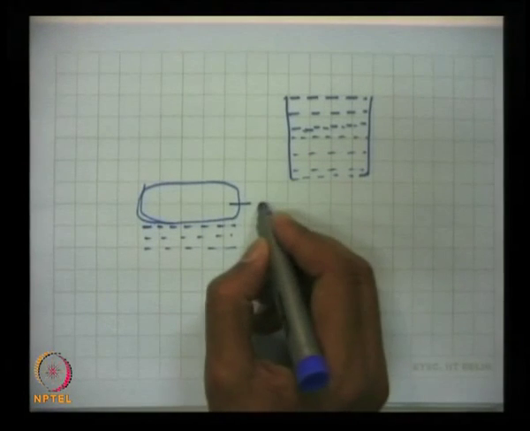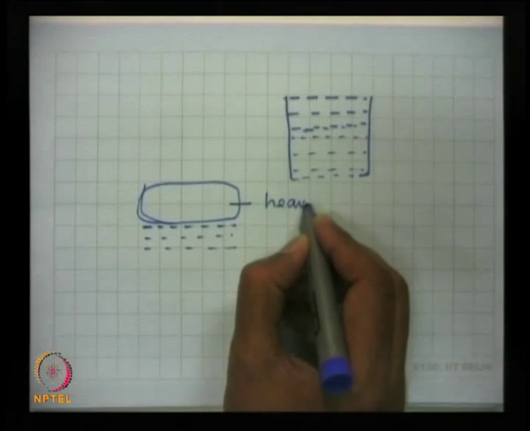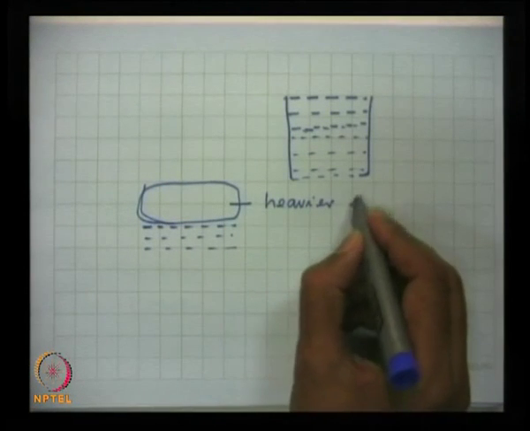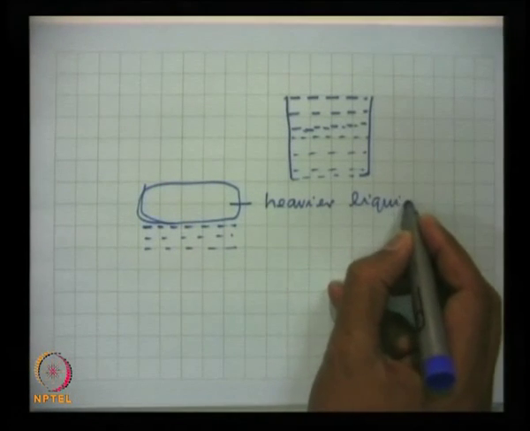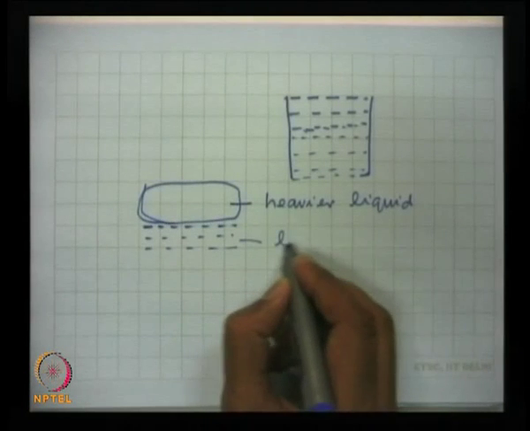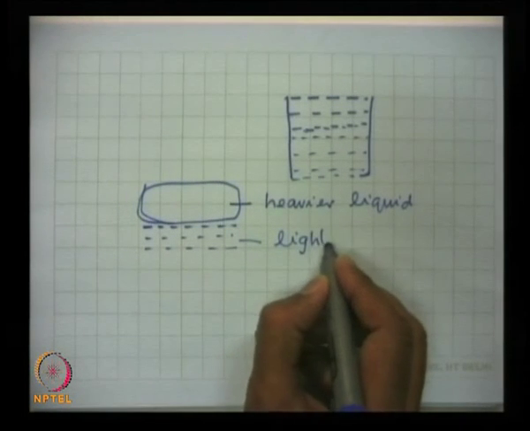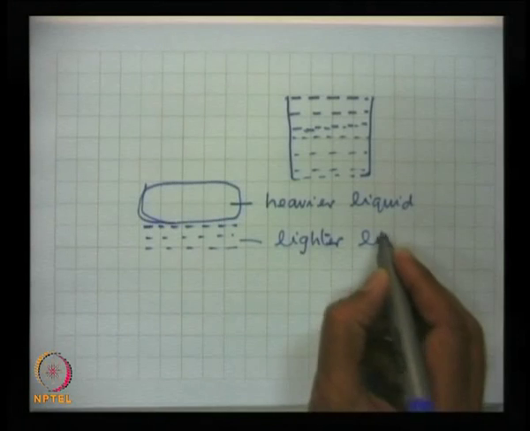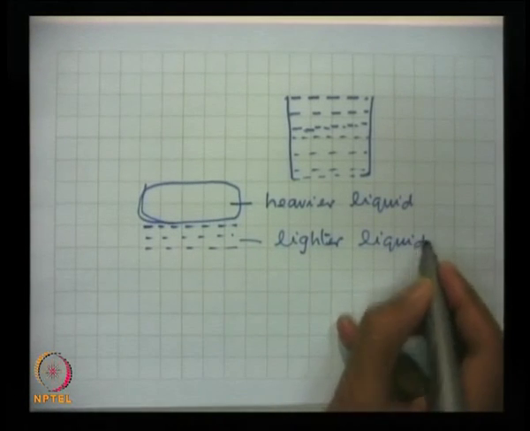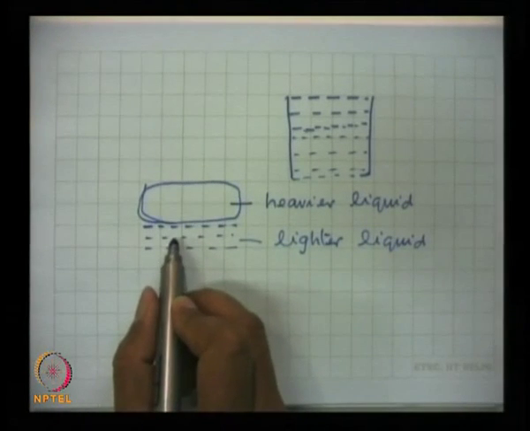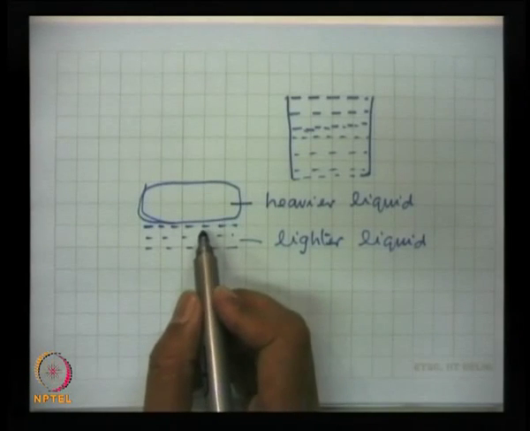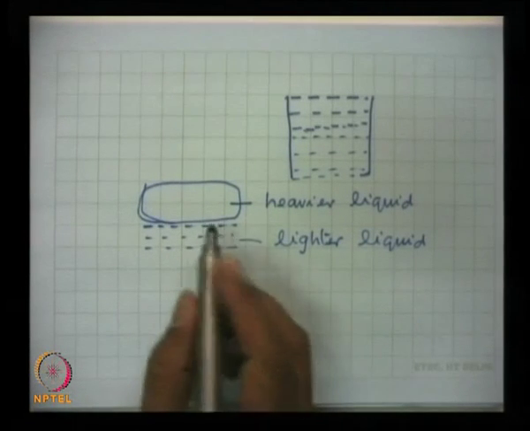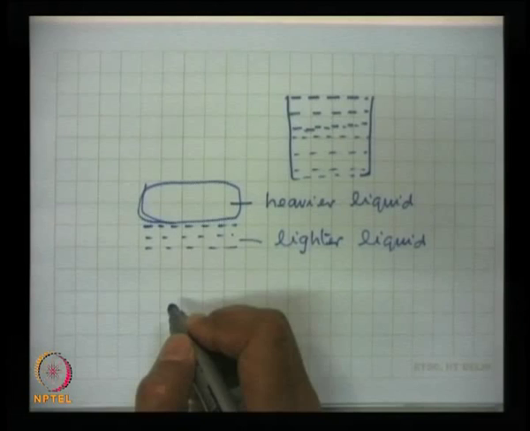This is a heavier liquid and the lighter liquid. What will happen? Suddenly, an equilibrium is possible. The issue is, if there is a small perturbation, what will happen?